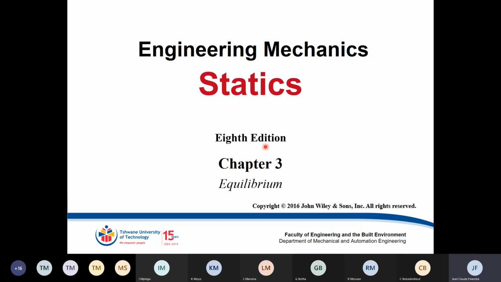Right. So now back to chapter 3. So far, we've spoken about your 2D. In 2D, we had what we could call the 3 main equations in terms of equilibrium: sum of forces in the x equal to 0, in the y equal to 0, and the moment. Those are the 3 main equations we've been talking about.